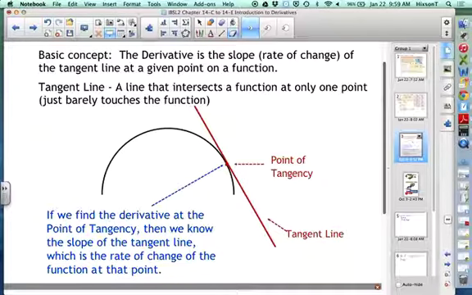If the slope changes, it starts to curve. One of the things you learned back in pre-algebra or algebra 1 is that the slope of a line is constant, right? It's not going to change. So that's why lines are straight, because it's going at a constant rate of change. Alright?